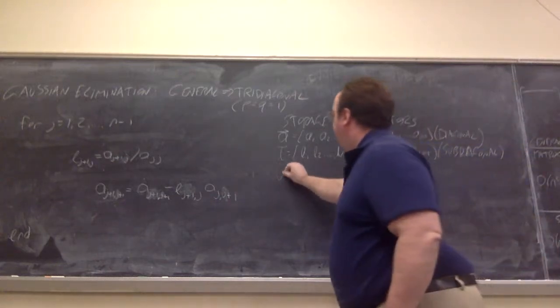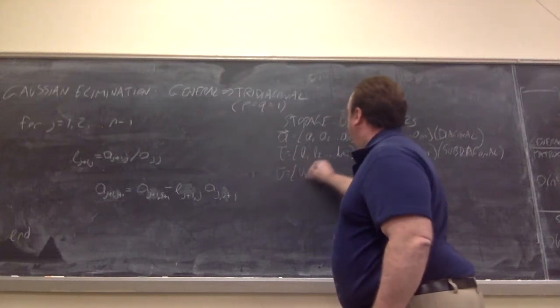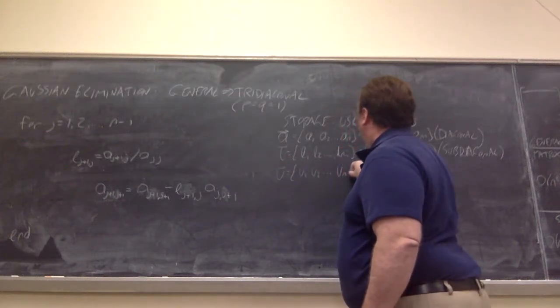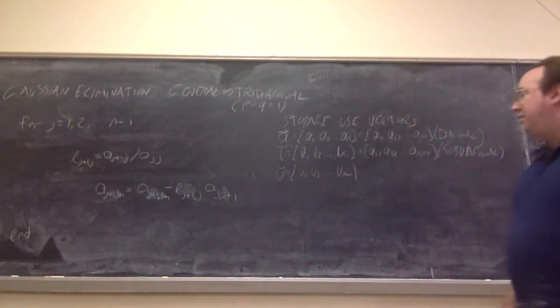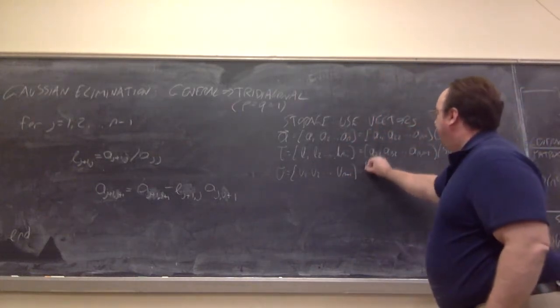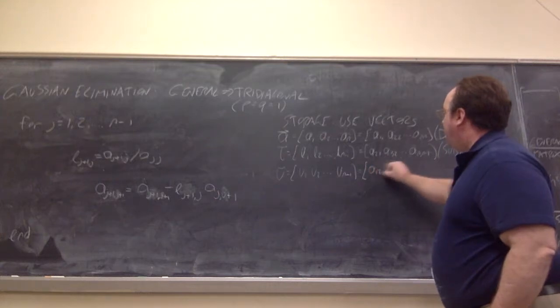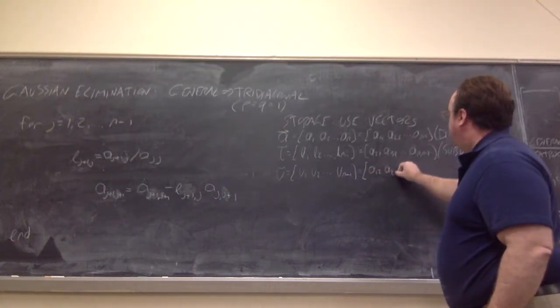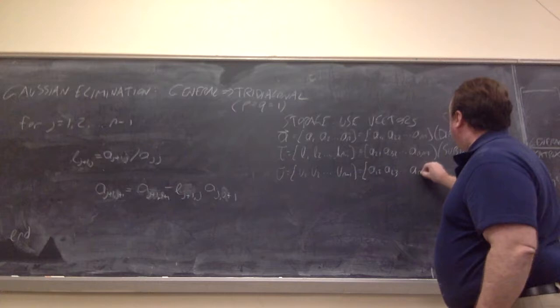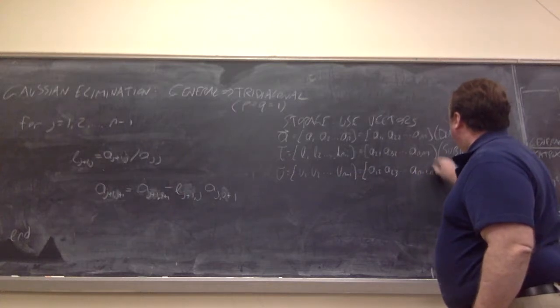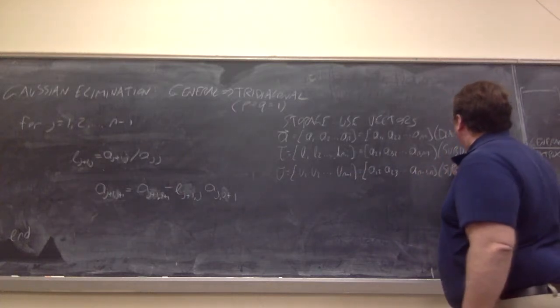And then vector U has U1, U2 up to UN minus 1. So now you see there are 3n minus 2 entries in total. And that has the entries in the original matrix A12, A23, up to AN minus 1, N. That is the superdiagonal.